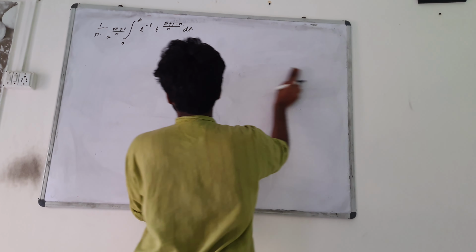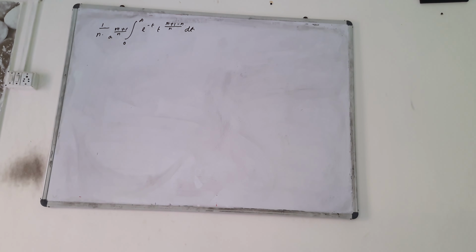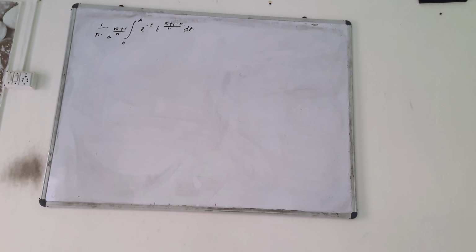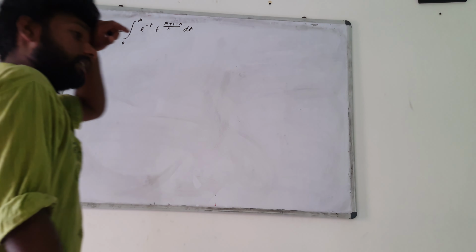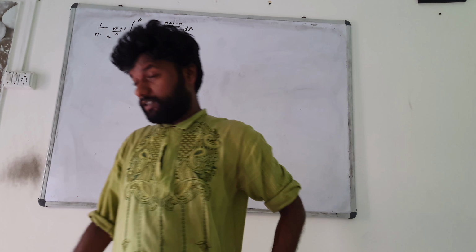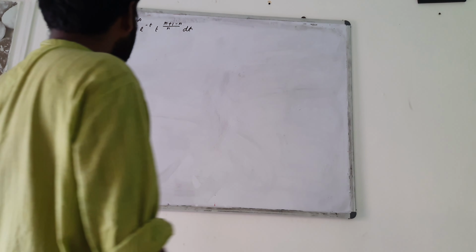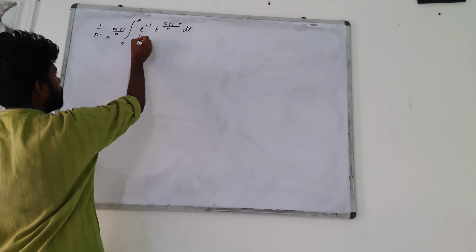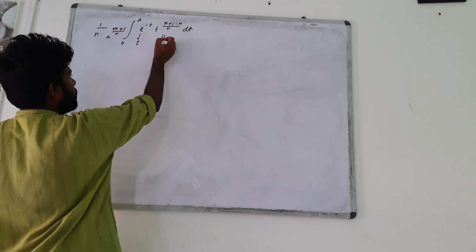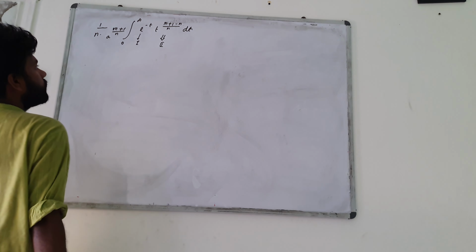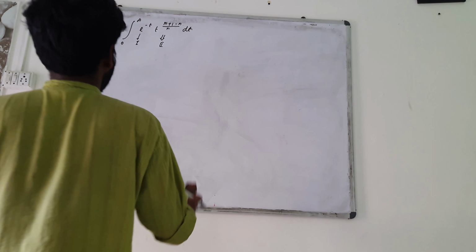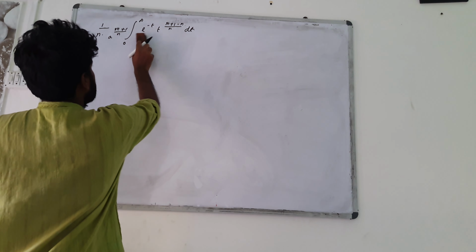This is the gamma integral. So how to evaluate this thing? The process is by parts. There are two functions, a first function and a second function. All of you know the process of integration by parts.